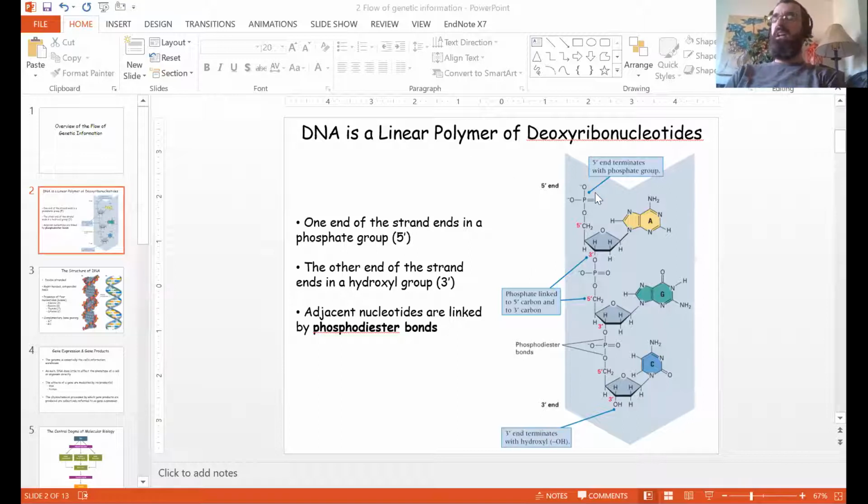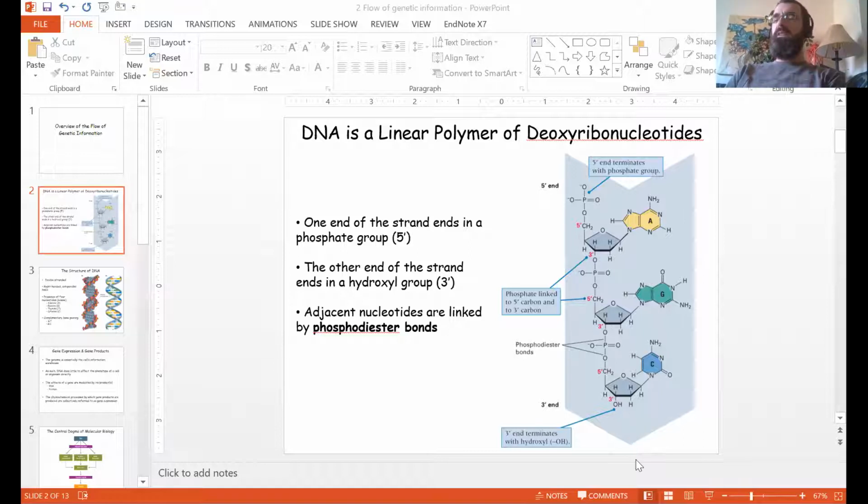And so that directionality comes from the fact that new nucleotides can only be added to this 3' hydroxyl group at the bottom, nowhere else. They can't be added to the other end, right, for a bunch of different reasons, which we'll get into later.